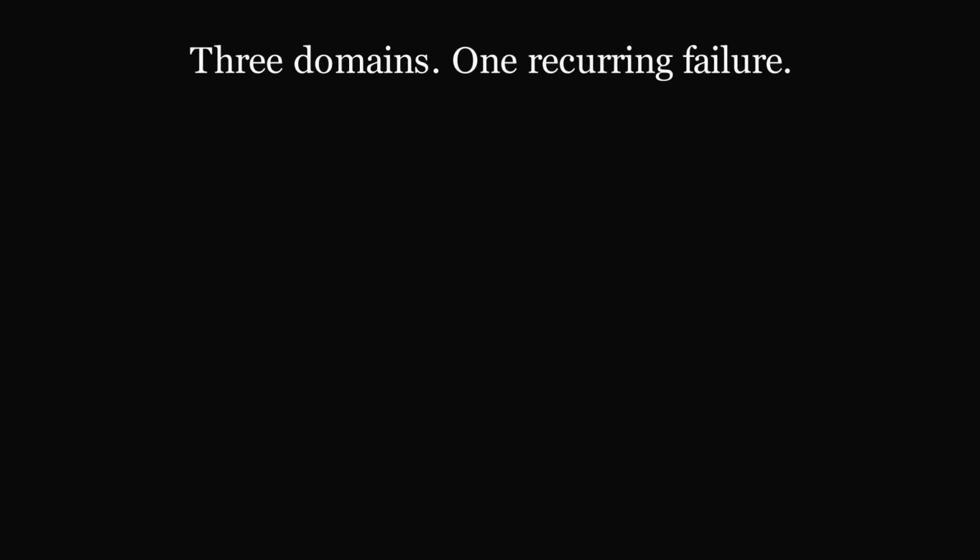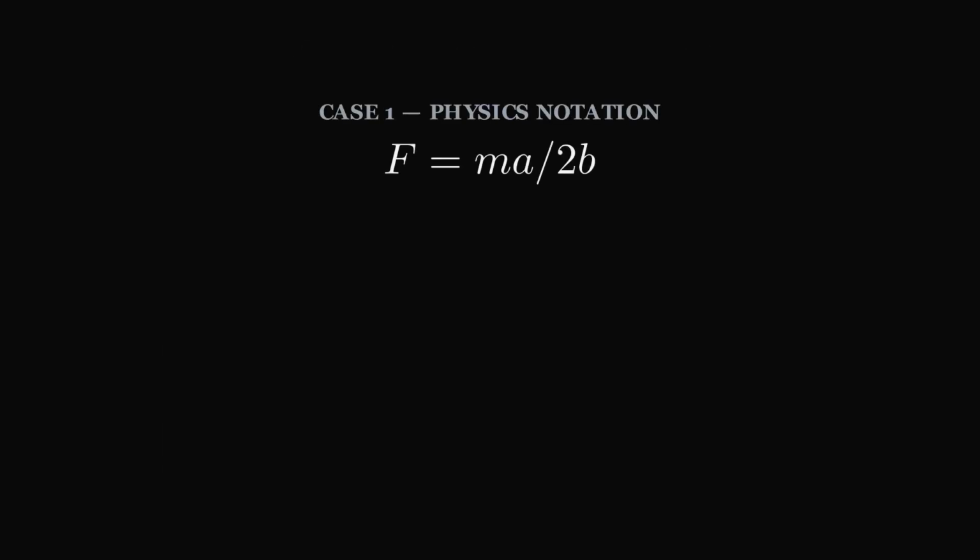Here's the thing, this isn't just a YouTube comment section problem. The American Mathematical Society, the main professional body for mathematicians in the US, officially recommends against using the obelus, the division symbol, in formal publication, not because it's wrong, because it's ambiguous. The fraction bar exists for a reason.